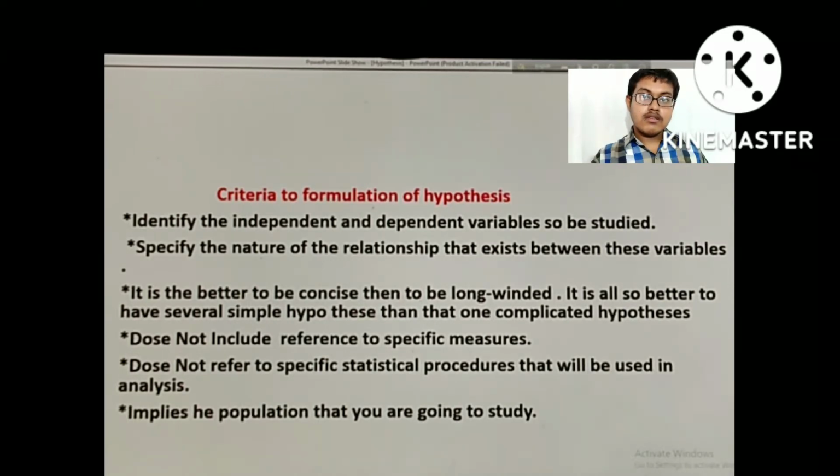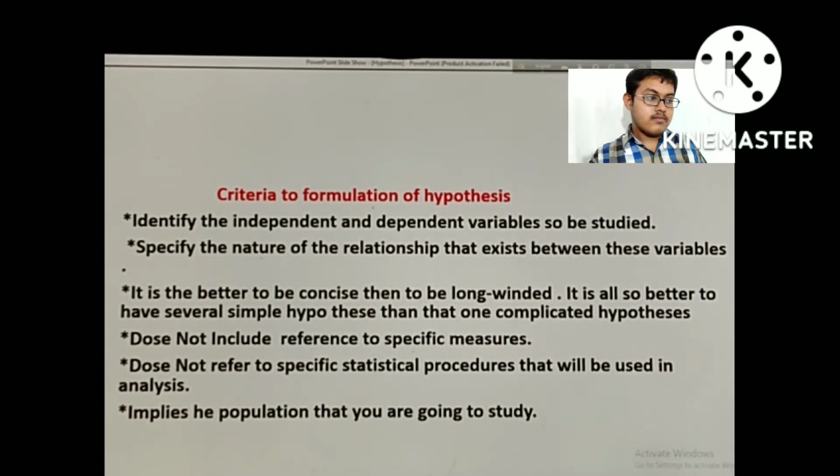It is better to be concise than to be long-winded. It is also better to have several simple hypotheses than one complicated hypothesis.